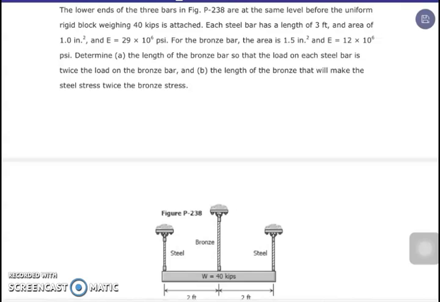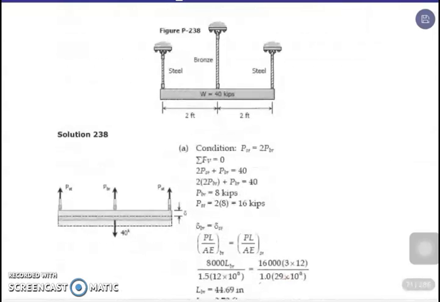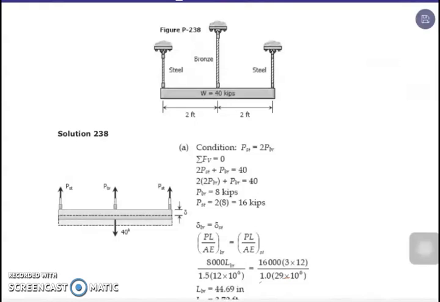Therefore, based on our given problem, if the load on the steel bar is twice the load on the bronze, and we take our equations of equilibrium, summation of vertical forces equal to 0, we have to take note that on our free body diagram, we have the forces acting for the steel, the bronze, the steel, and of course our weight, which is equivalent to 40 kips.